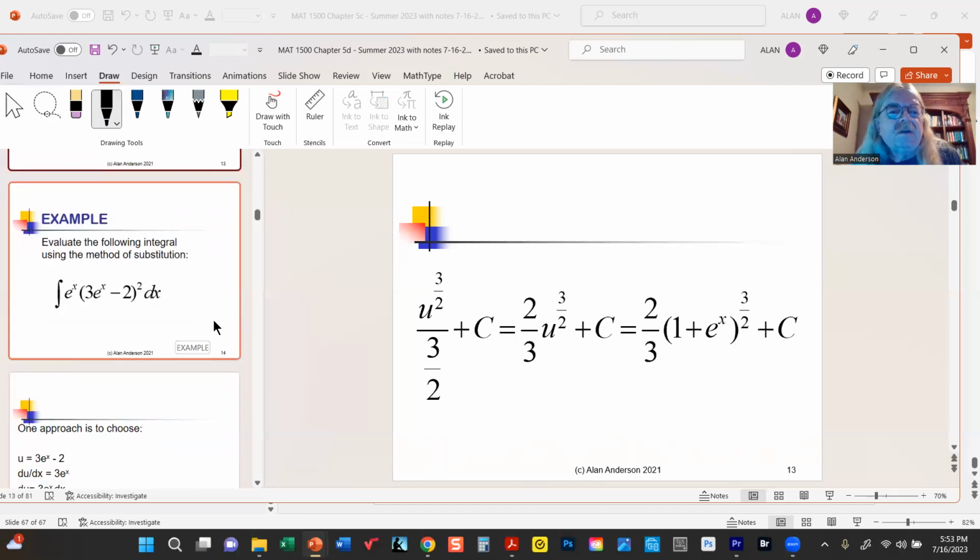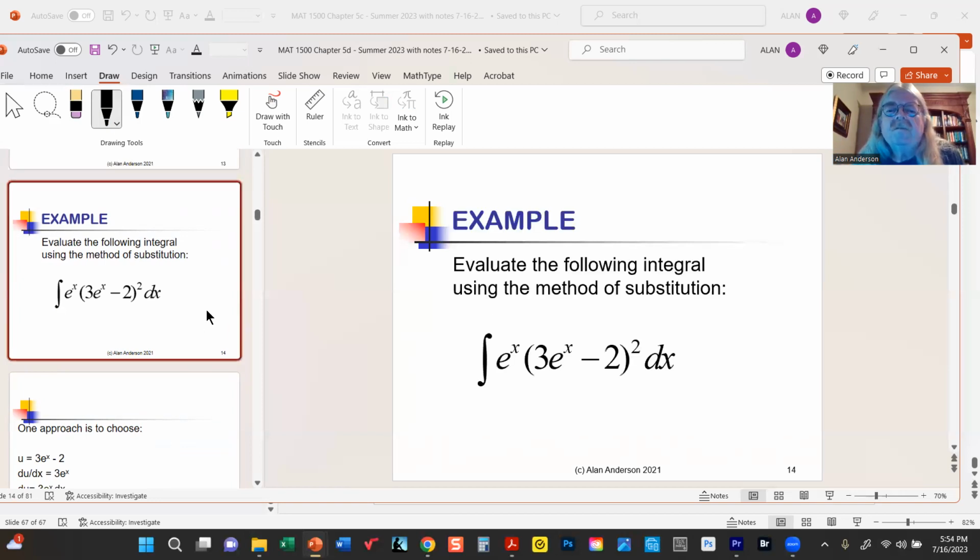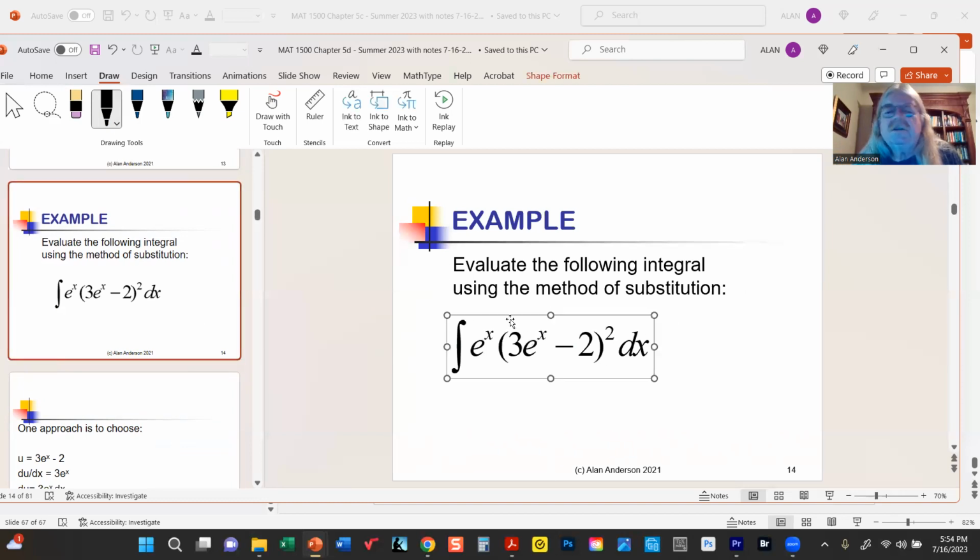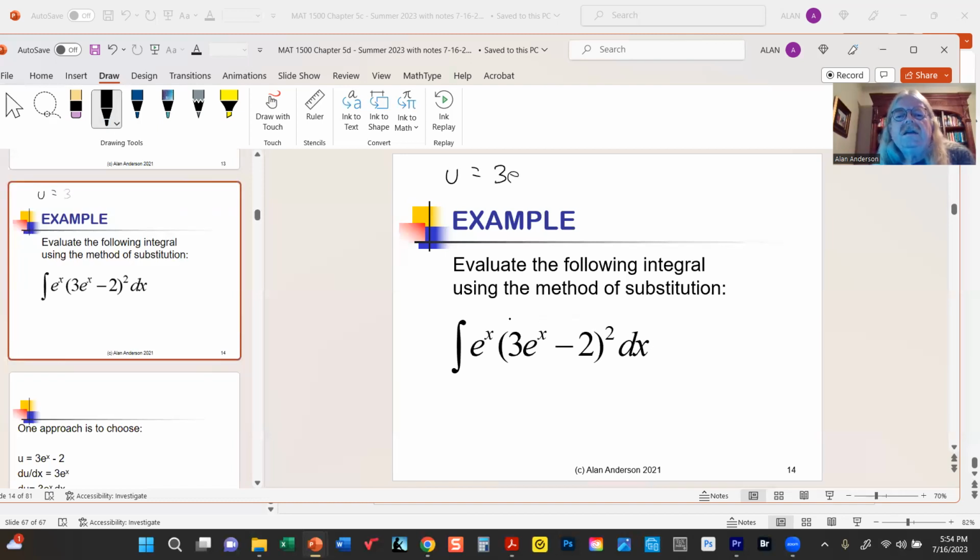Here's another interesting one. And again, remember the whole point of this, try to make sure that you're going directly for the compound function in order to find your u. So like here, for example, what do we do? All right, let's try. u is 3e to the x minus 2.